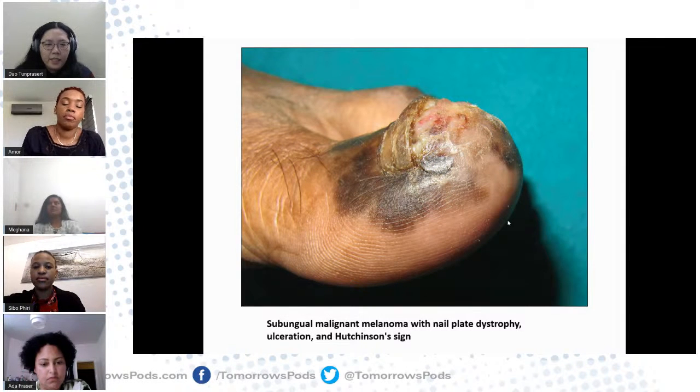Yeah. And I think one of the signs that they describe in literature when we talk about subungual malignant melanoma is about the bleeding. Bleeding as in not, what's it called, blood bleeding, but the color bleeding from the skin underneath the nail itself to more proximally.